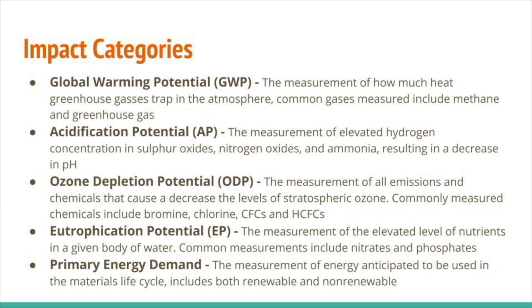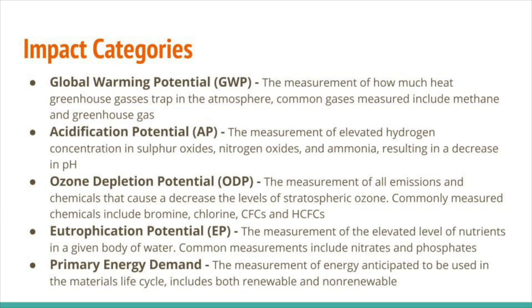The first one is global warming potential, which is the measurement of greenhouse gases trapped in the atmosphere. Another one, acidification potential, is the measurement of elevated hydrogen concentration from sulfur oxide, nitrogen oxide, and those kinds of gases.